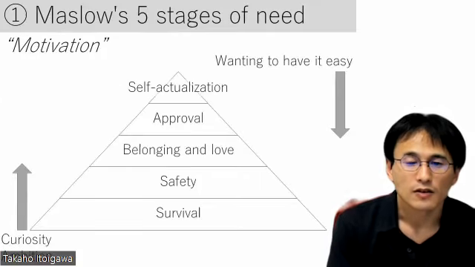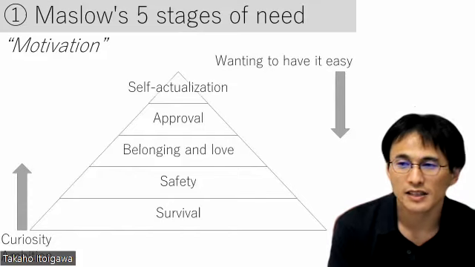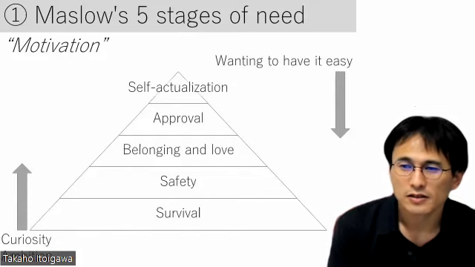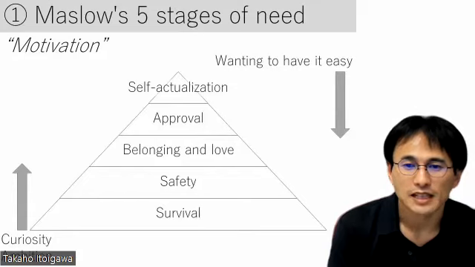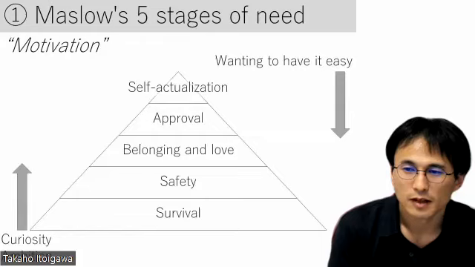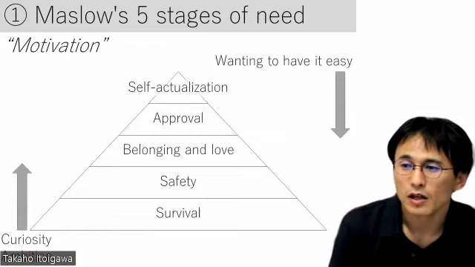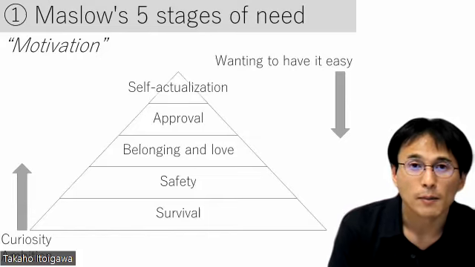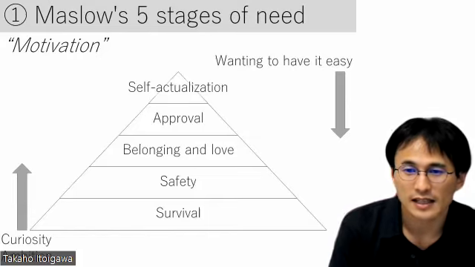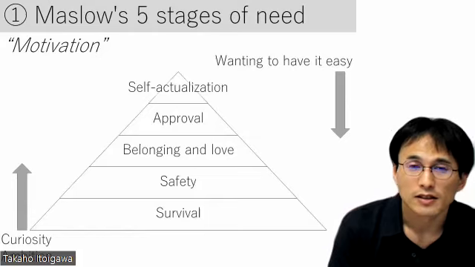Now, as an overarching concept of motivation, I will explain Maslow's five levels of needs theory. Maslow believed that people's needs could be categorized into five levels. Maslow also believed that the lower the motivation level, the more basic the need as an organism, and the higher the motivation level, the more personal the need.